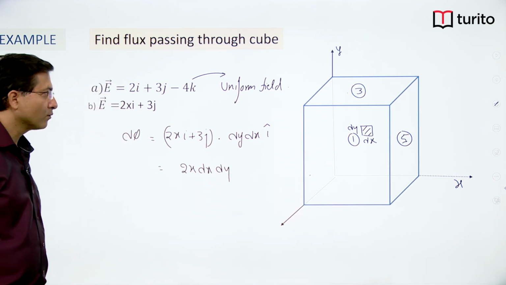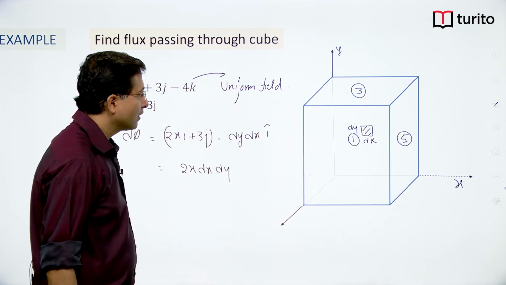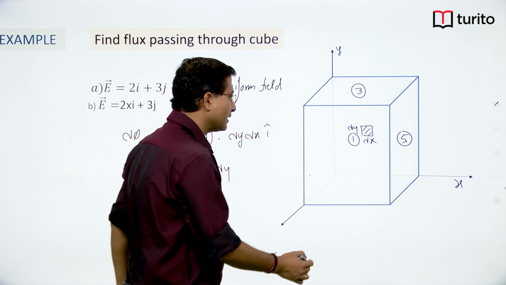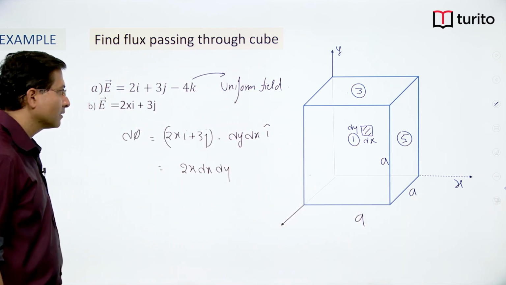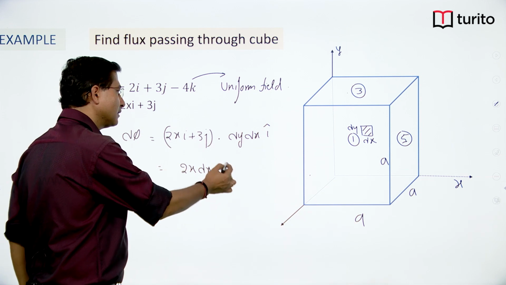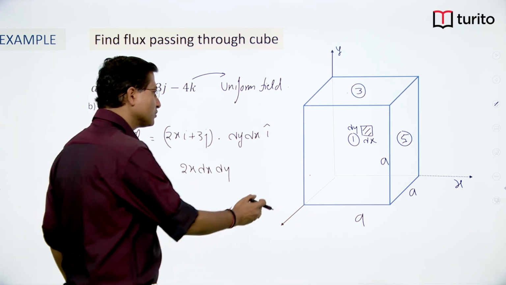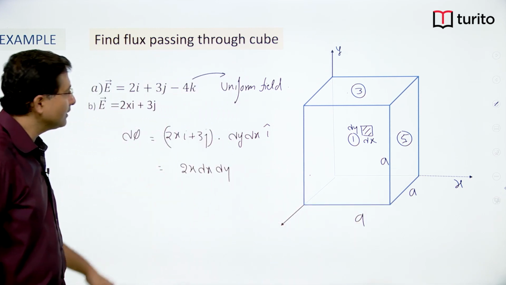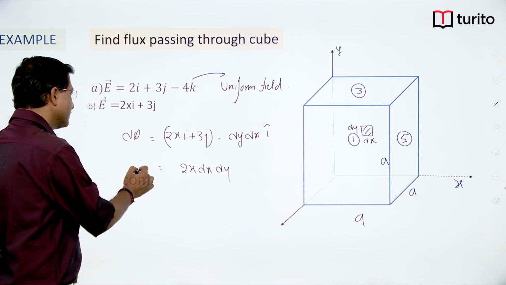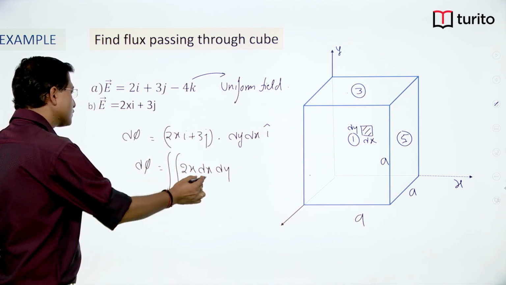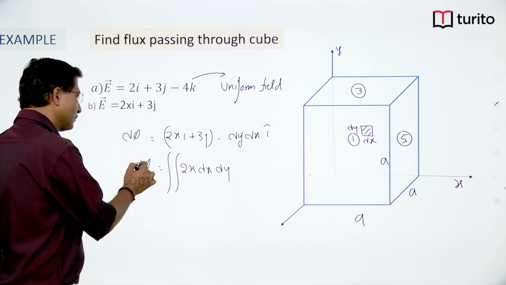Now, for this one, if I consider this side as A, this one A, this one A, the height of this quantity is changing from 0 to A, while x is also changing from 0 to A. So, I can use double integration to integrate it, right. Double integration of d phi, one for y, another for x, will give me phi.